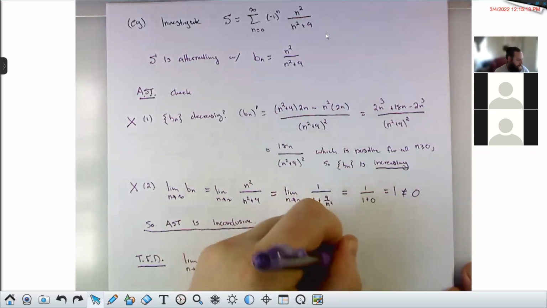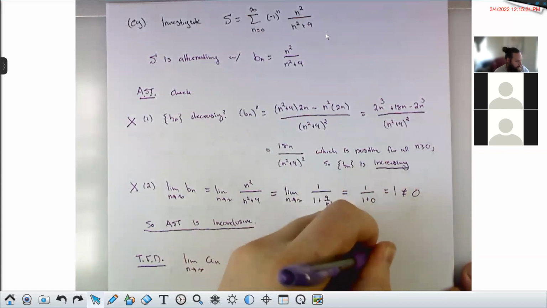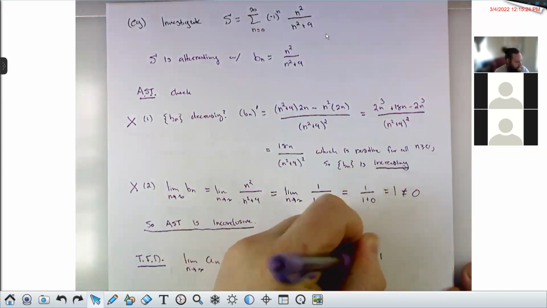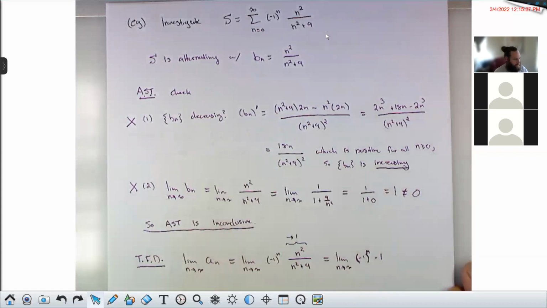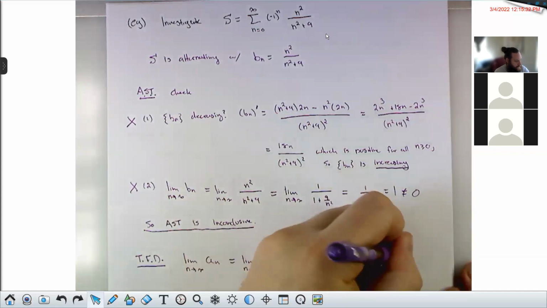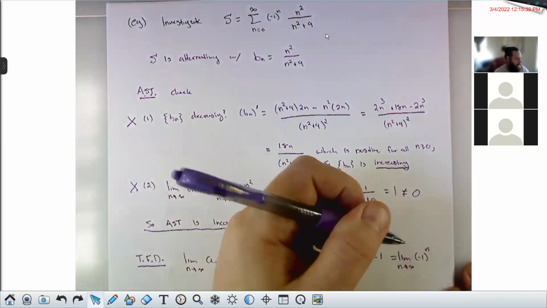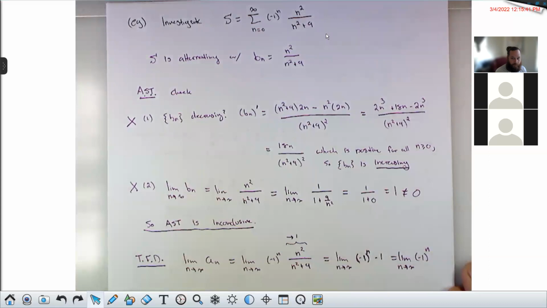So what we really have here is the limit as n goes to infinity of negative 1 to the n times 1, which is just the limit as n goes to infinity of negative 1 to the n. And what is that limit? What is the limit as n goes to infinity of negative 1 to the n?